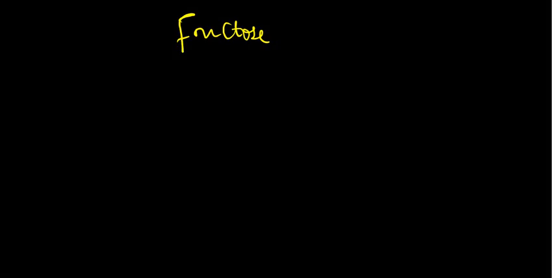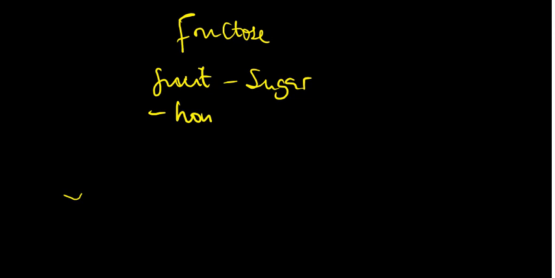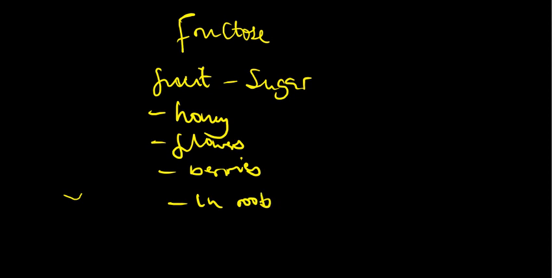If you've seen anything where they refer to fructose as a fruit sugar, it's a fruit sugar in that it is a soluble monosaccharide, and it's usually found in foods like honey, in flowers, berries, and in roots. So this is where we can find root crops.